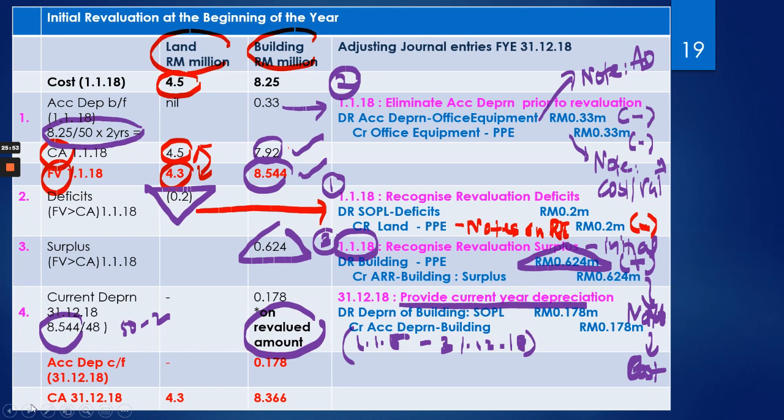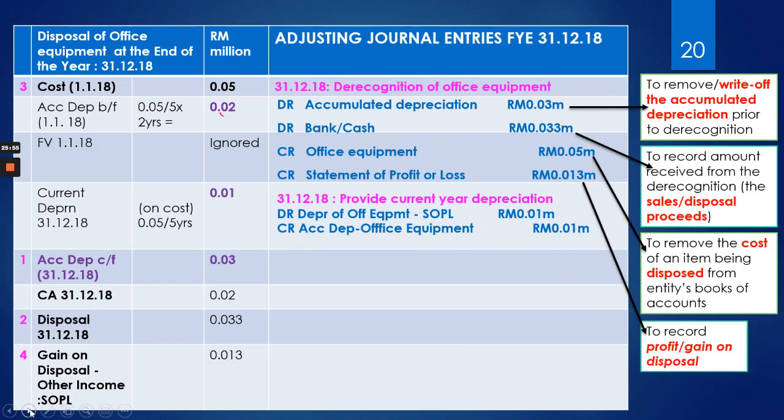Now we go on to the derecognition that happened to our equipment. For derecognition, please recall what you learned in FAR210, which is on derecognition. To do that, number one is for you to go and find out what is the carrying amount.